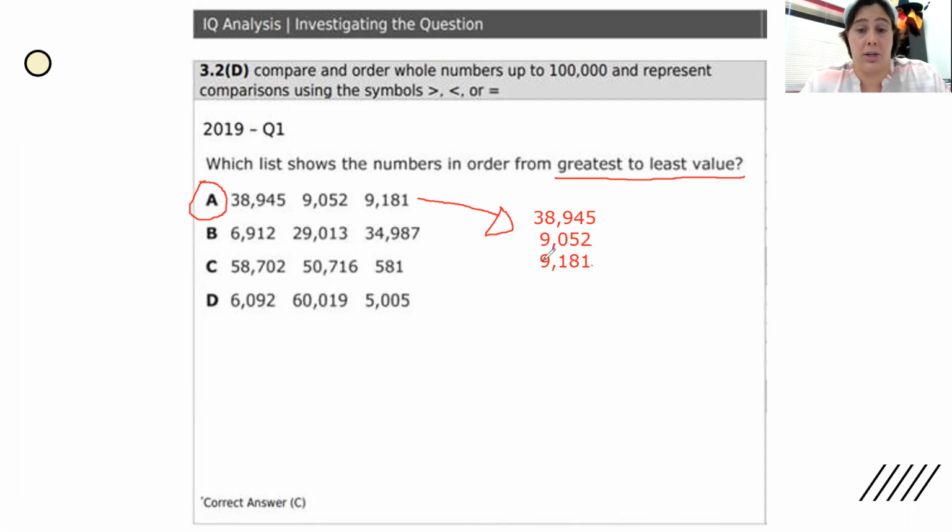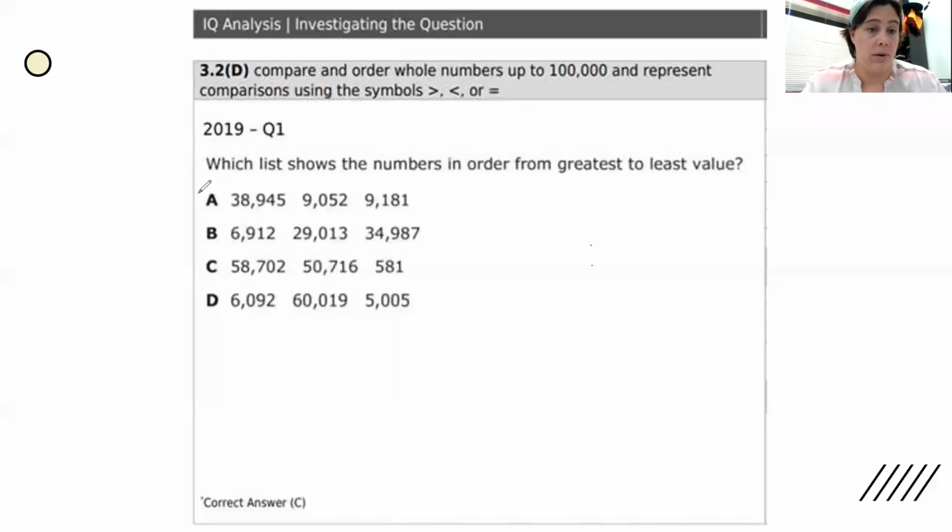But then look, we have 9,181. This number should be in front of this one because we're going from greatest to least. So A would not be our option. So we are going to get rid of that because A does not work.